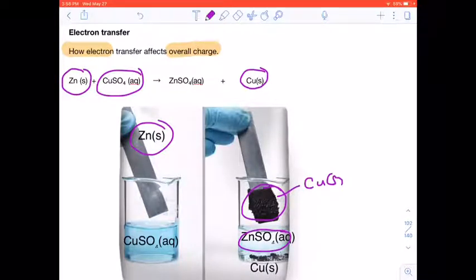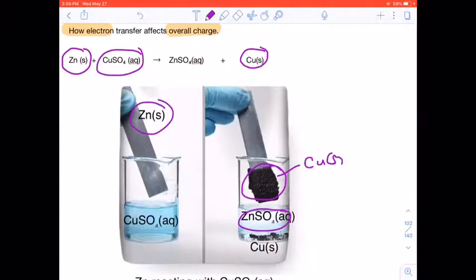So what you have essentially is zinc, which was a solid, and it's an atom, I mean, it's neutral, and then you have copper sulfate, which is your electrolyte. What happens is you find that your zinc becomes zinc sulfate.